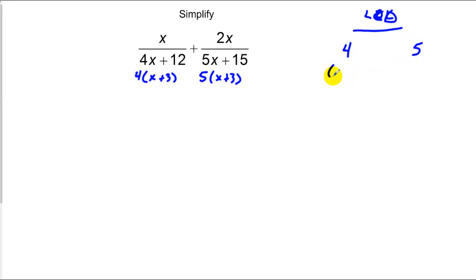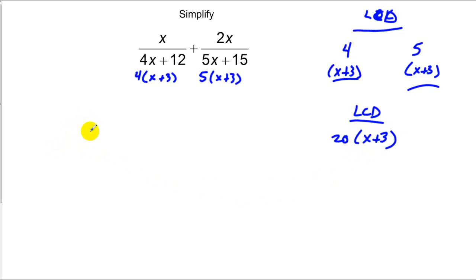And then I have no isolated variables, but I have these polynomials. So I need the x plus 3's definitely, and then I need a 4 and I need a 5. So my LCD in this case is the 20 from the 4 and the 5 and this x plus 3 term. So I'll re-represent that.